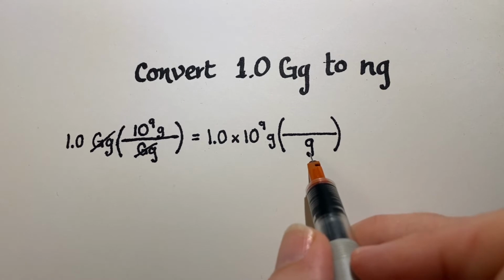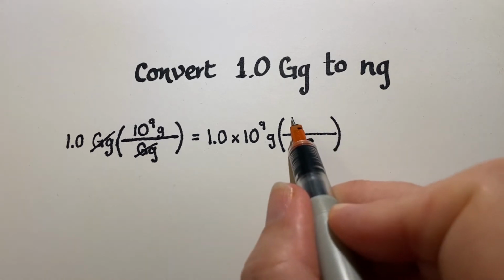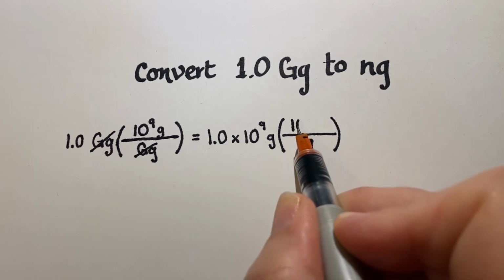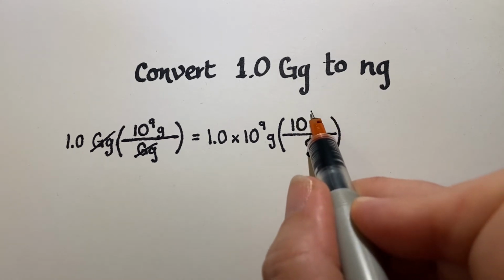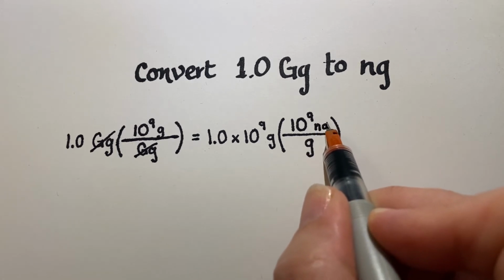So how many nanograms in a gram? Well, once again, you've either memorized it or you can look it up. And there are 10 to the 9th nanograms per gram.